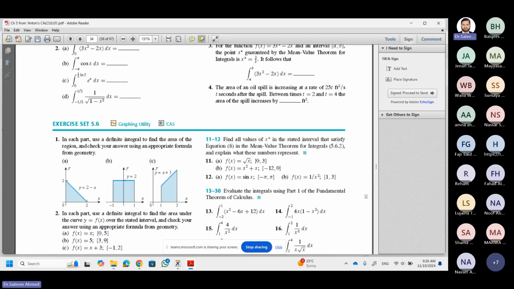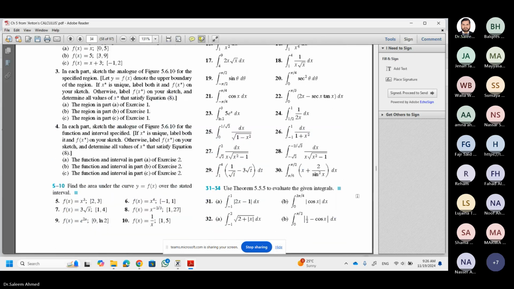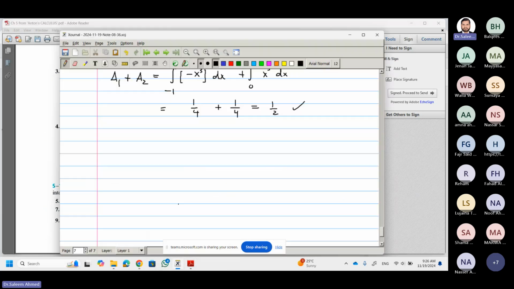So let's see if I go to the exercise. They wrote something about dummy variable. What is the dummy variable? A note is here that when you have a definite integral from a to b, it doesn't matter what you write here. The variable is a dummy variable. Whatever you have, x, y, z, we call it a dummy. Dummy means not actual, it has no worth.